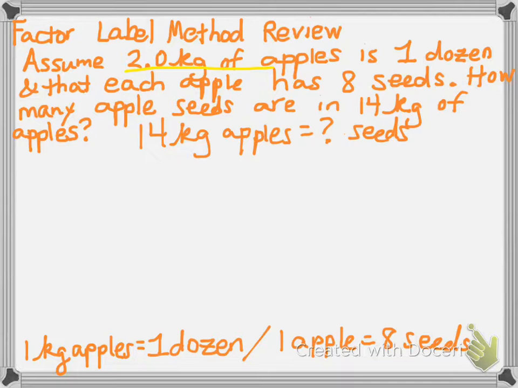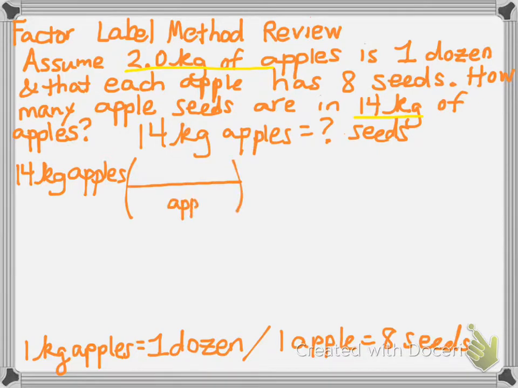So anytime we do these problems, we're always going to start with our given that's in the problem, which in this one is the 14 kilograms. So we're going to start with 14 kilograms of apples. We're going to convert apples to dozen apples.